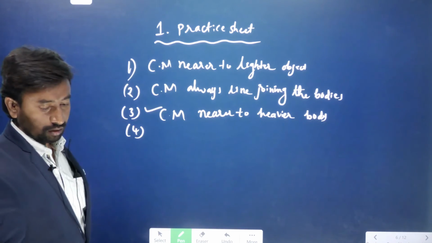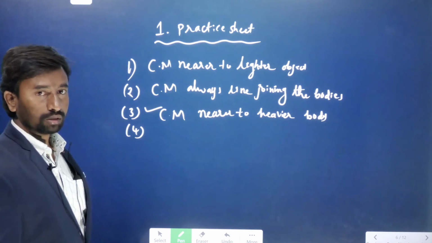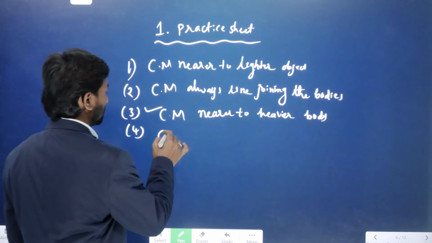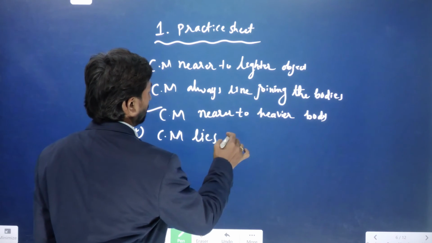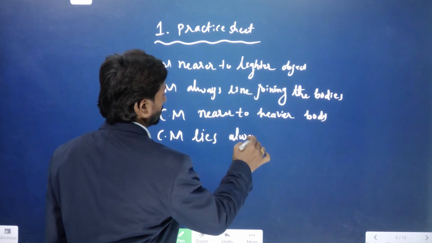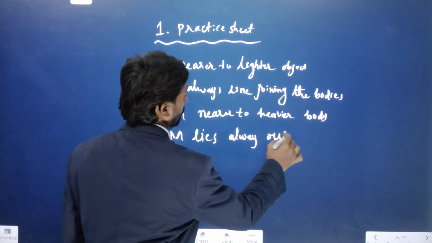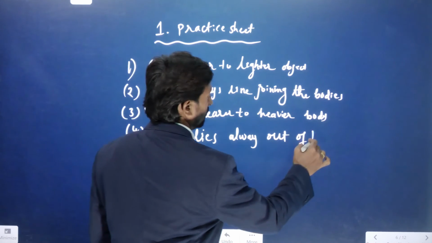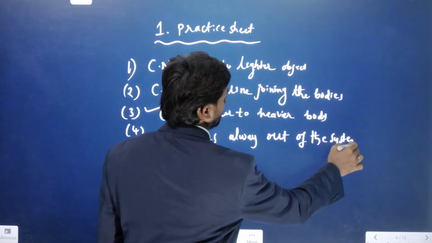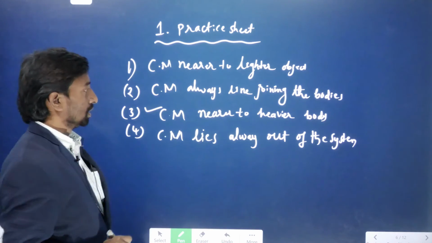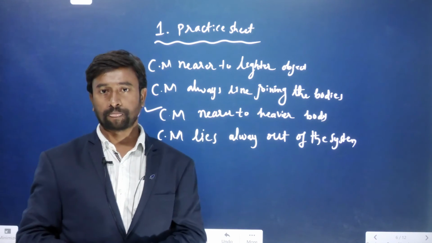And next, center of mass always lies outside of the system. Center of mass always lies out of the system. So, this third one is correct there, it will be nearer to the heavier body.